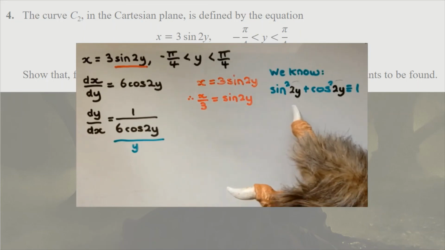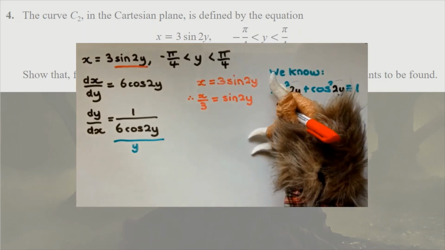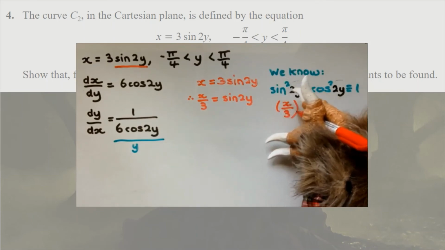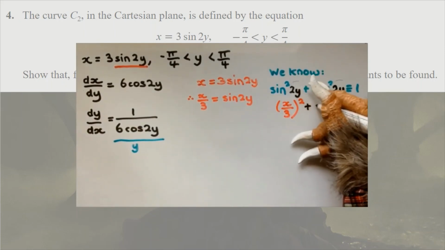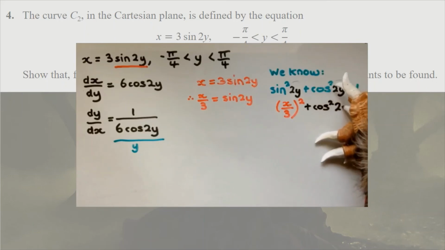Now this means that I'm actually onto something, because I know sine of 2y is x over 3. So I can replace this with x over 3 squared. So that's going to be x over 3 all squared, plus cos squared 2y is equal to 1.